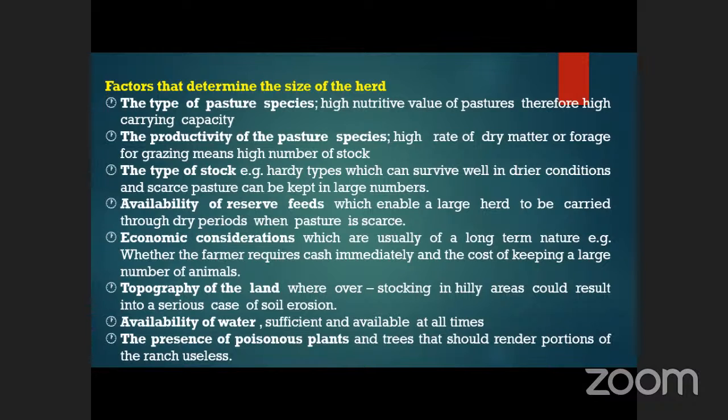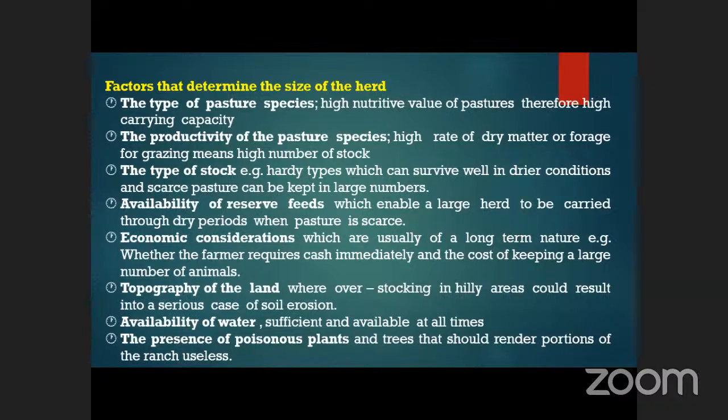A farmer will say, for me now, let me have only 2 to avoid landslides. Because if you have very many of them, the animals go and weaken the hill where you are. When it rains, the water will sweep you plus your house plus your cows, and you'll be no more. So the farmer will decide that, okay, for me, let me have a few of them.